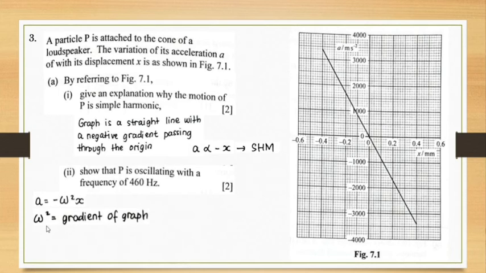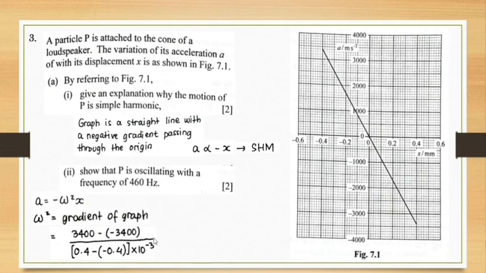So we can say that omega squared is the gradient of the graph, and we can find the gradient by looking at the numbers. This is 3,400, this is minus 3,400, and this is 0.4, this is minus 0.4, multiplied by 10 to the power of minus 3, because it is in millimeters.